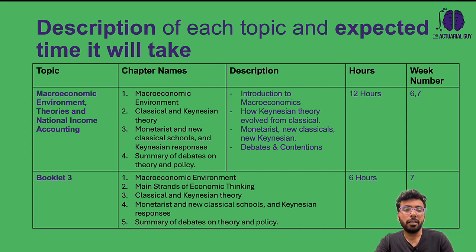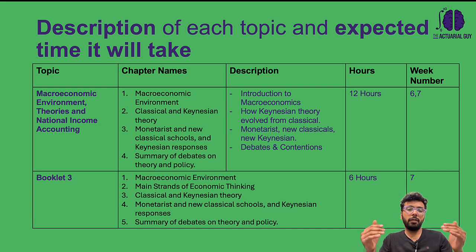And finally, we get to the summary of debates on theory and policy. What are the various schools of thought? What do they advocate for, and what are they disagreeing on? That is what we talk about.